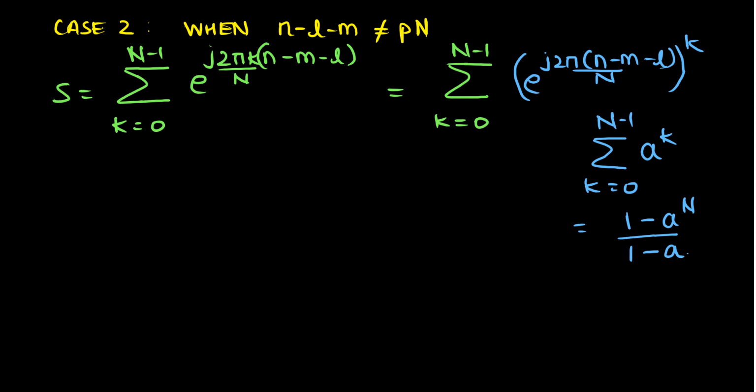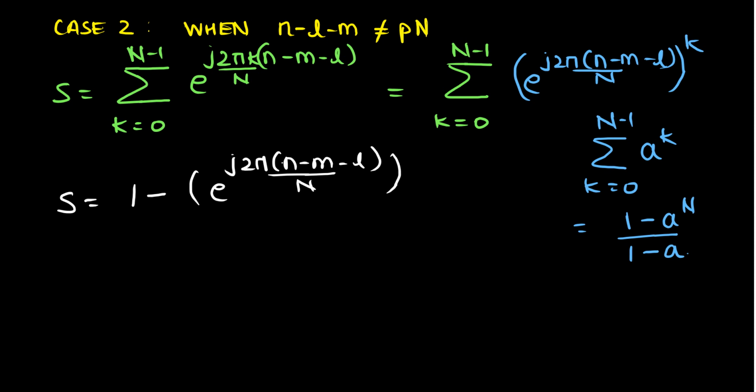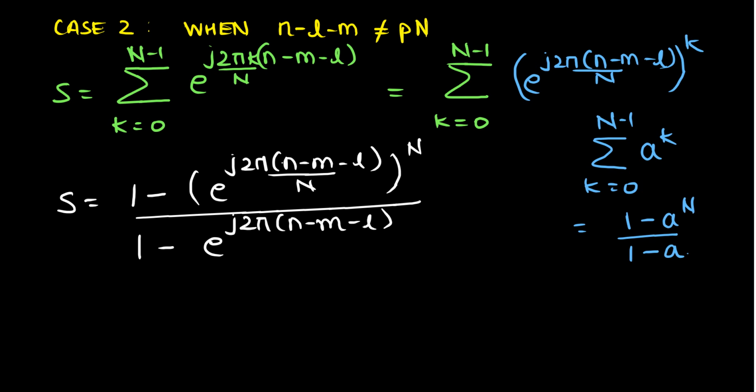So if we substitute the value of a as this factor, the value of s that we obtain is given as 1 minus this factor e to the power j 2 pi into n minus m minus l divided by N whole to the power N divided by 1 minus e to the power j 2 pi into n minus m minus l divided by N, and this N here and here gets cancelled, and now if we observe here, we are getting 2 pi into n minus m minus l, which means this is again integer multiple of 2 pi, which means this exponent here reduces to 1.